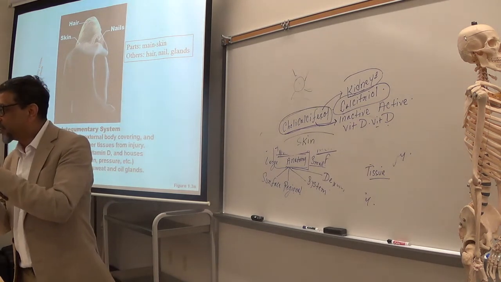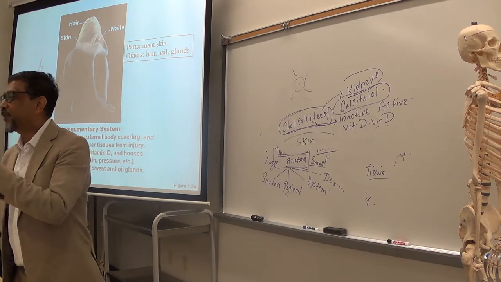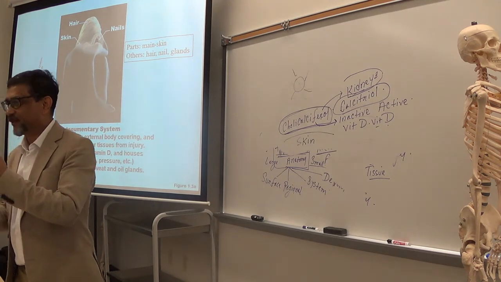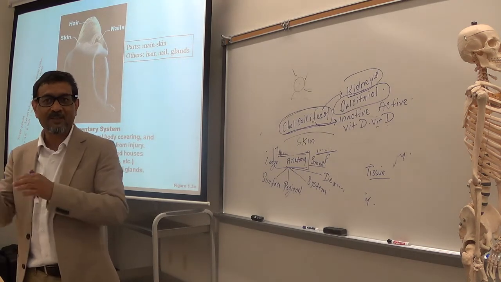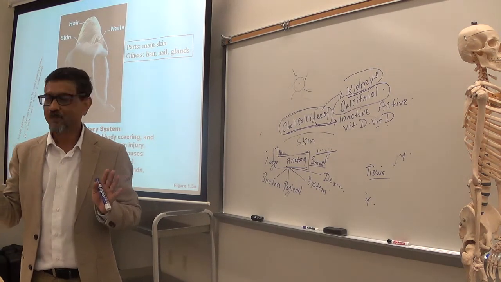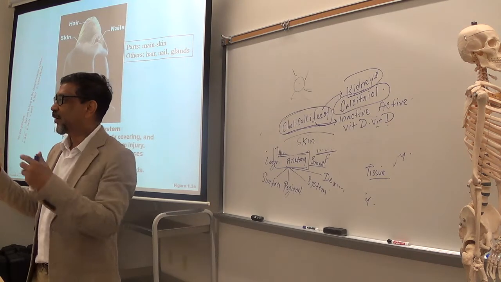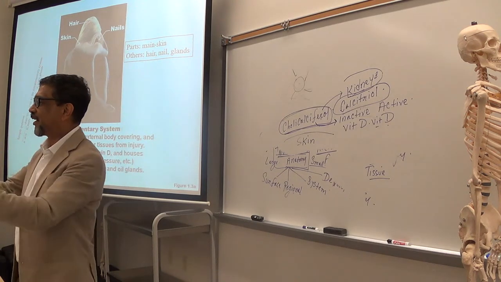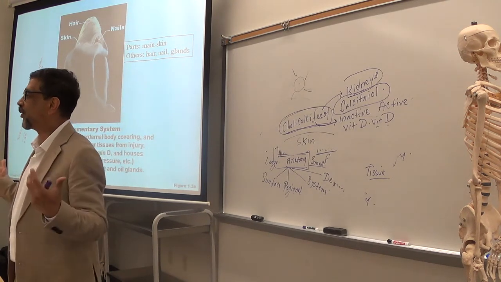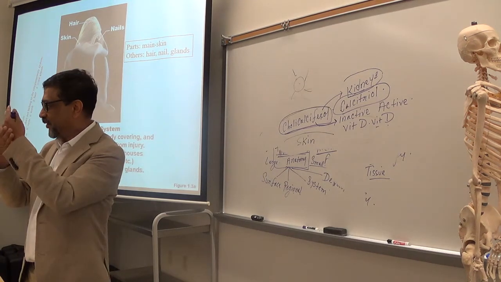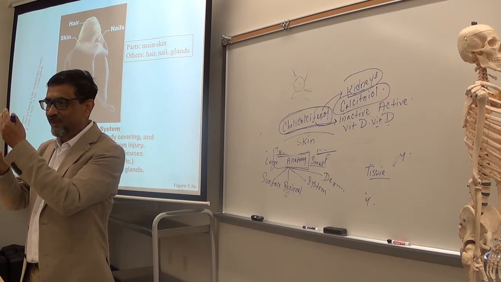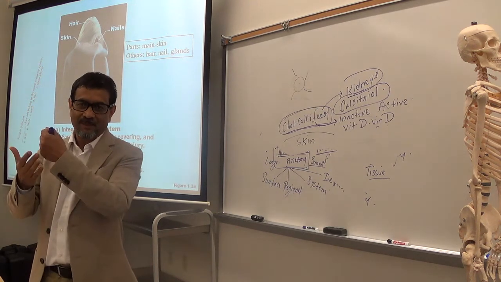You have touch sensation, you have temperature sensations, right? So if you think it is very hot, you will move away, right? So that is a good protection, right? Protecting your body and also sensing the environment outside of the body, right? If temperature in this room goes up, your skin has the receptors, so you will feel that, right?